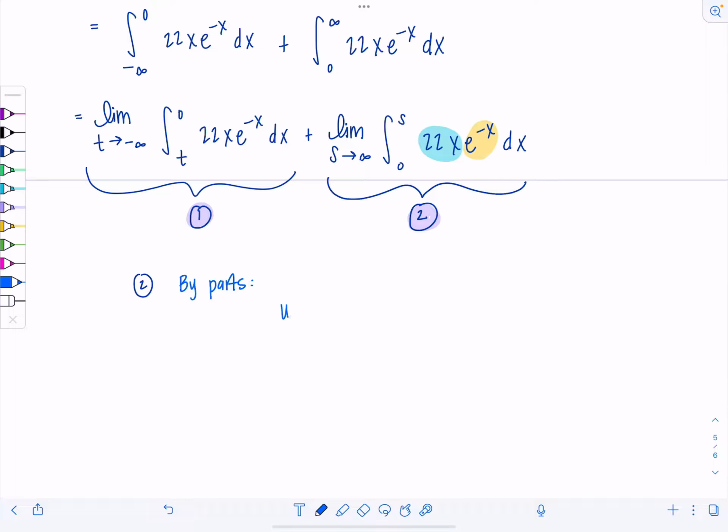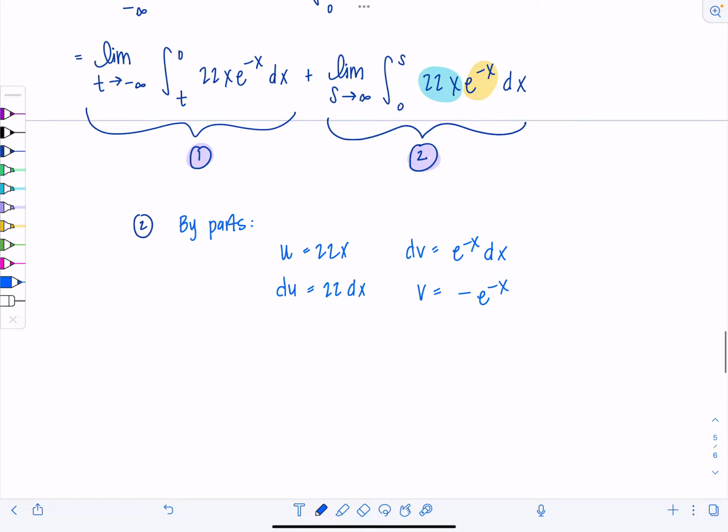I'm going to let u equal 22x, and dv is going to be e to the negative x dx. Good. So what would du be? Take the derivative of 22x. That'll be 22 dx. And then v is going to be negative e to the negative x.